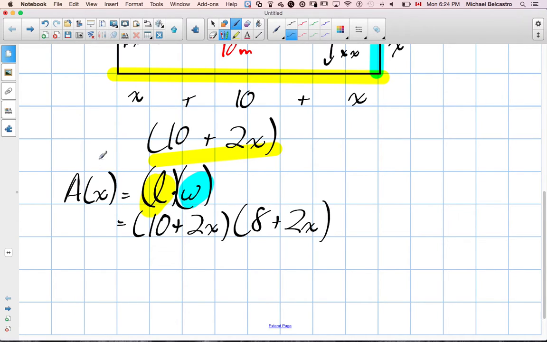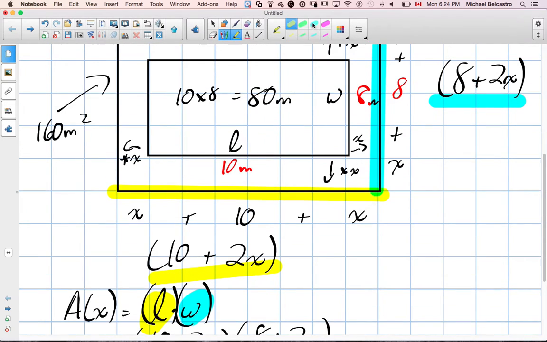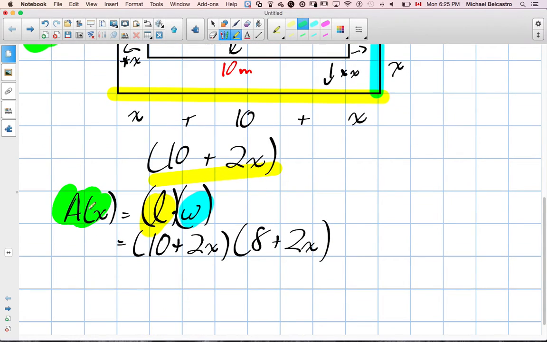Well, we have a new area also. Our new area, we had said, is 160 meters squared. So we're going to replace the area here with 160. So 160 is equal to this expression. Now we need to figure out what values of x will give us this new increase. In order to do this, we want to set this expression equal to 0.